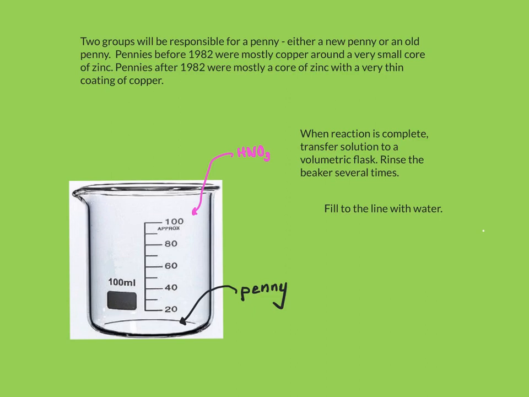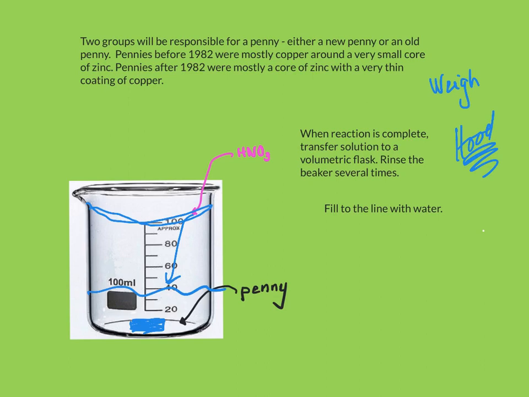So the groups that have the pennies, what you're going to do is weigh your penny, then put it in a beaker, and then we're going to add some nitric acid, again in the hood. We've got to be in the hood again. Things are dangerous. You're going to make your observations, and then you're going to get a solution. But we can't just fill this to the line, because a beaker is not as accurate or precise as a volumetric flask.